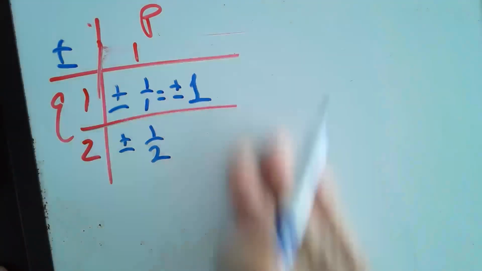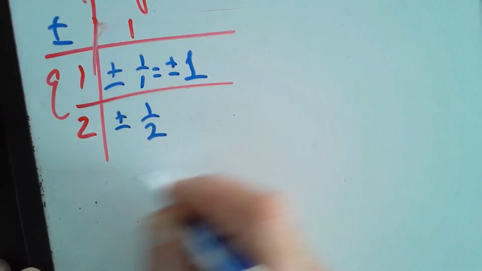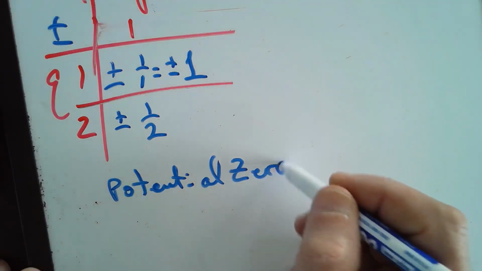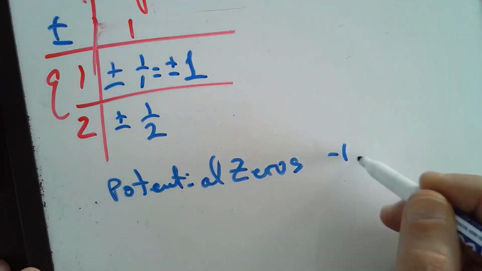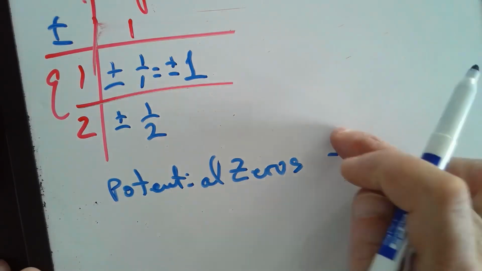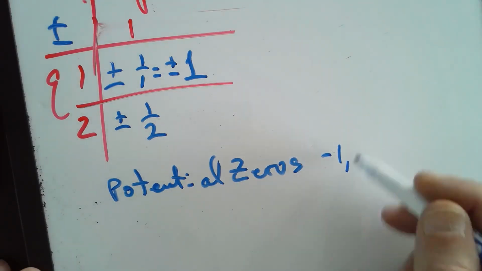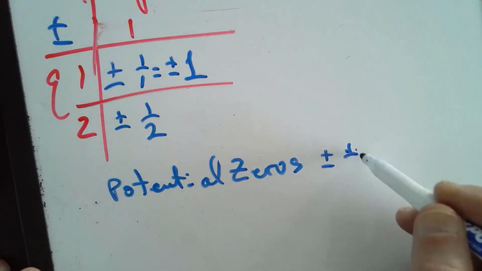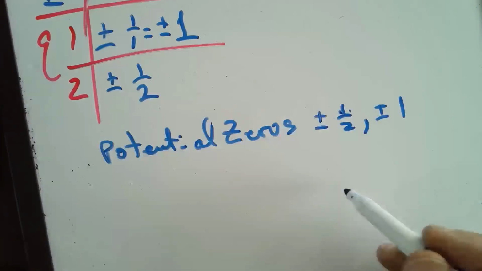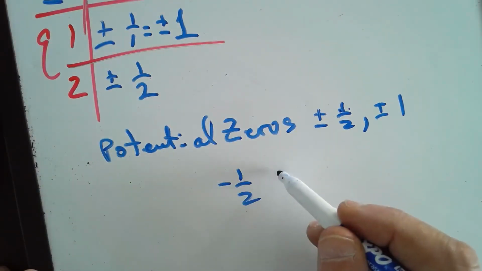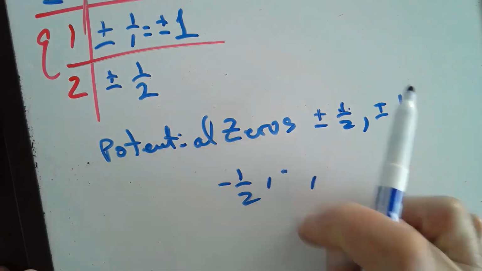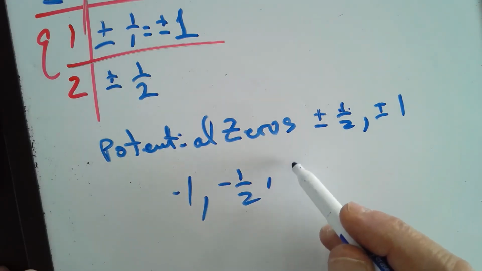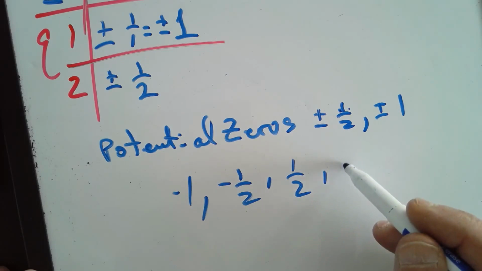So our potential zeros are negative 1, negative 1/2, positive 1/2, and positive 1.